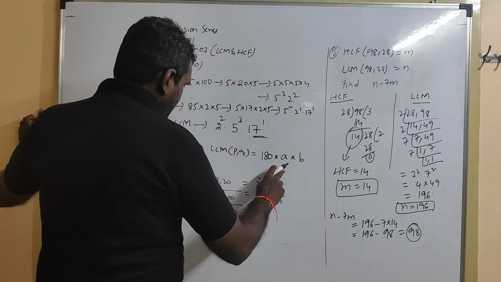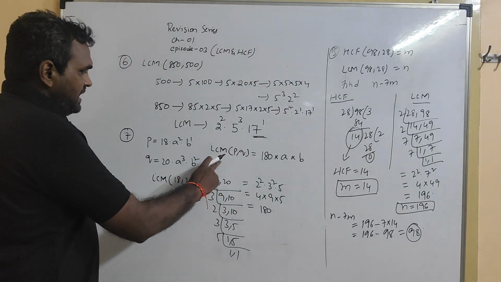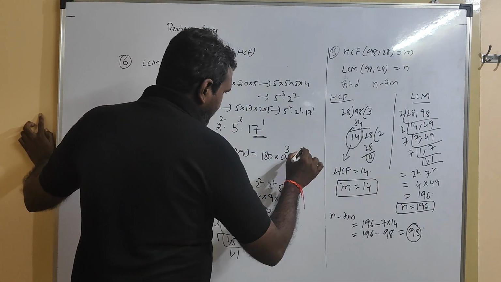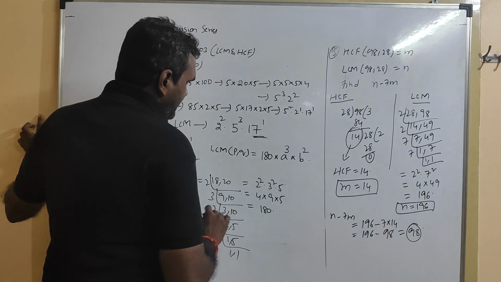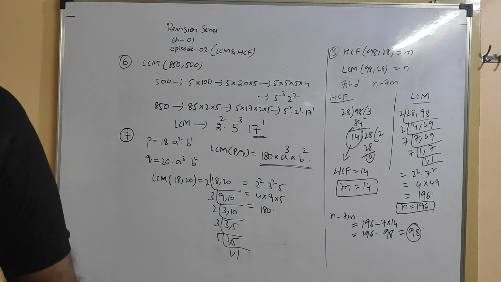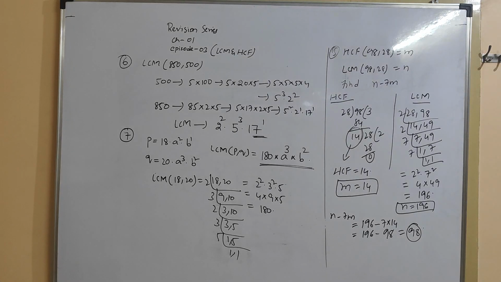After writing the bases, they are asking to find LCM, which means highest powers you have to take. A is having highest power 3, B is having highest power 2. So my answer for the LCM of P comma Q is 180 A cube B square. This has to be the answer.